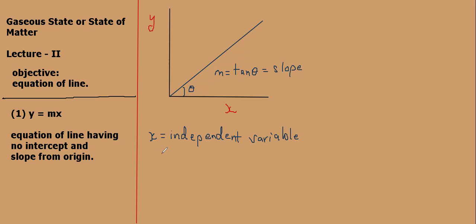These values do not depend on the value of y. While y is the dependent variable, right? Y is a dependent variable. Dependent variable means if the value of x is changing, similarly the value of y will also be affected in that case. And m, we already know it is a slope.